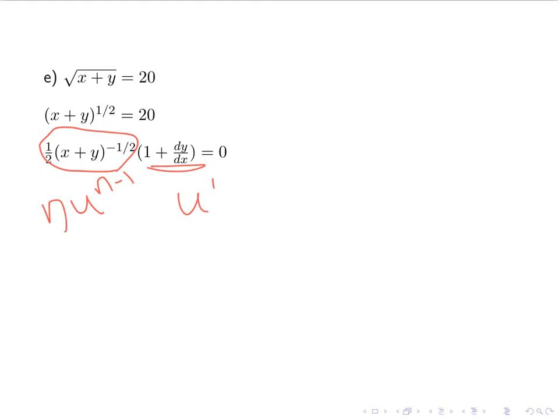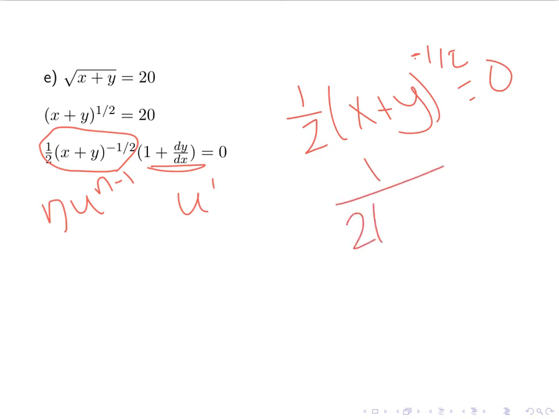But if I notice, if this guy is 0, that can never happen. Because remember, to the negative 1/2 means it's in the denominator. So it would be this, and that's never 0 because of my 1 on top.